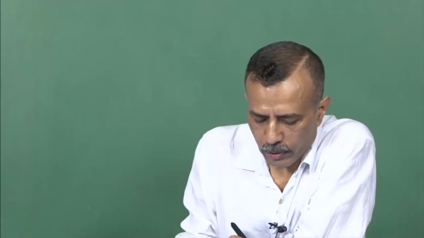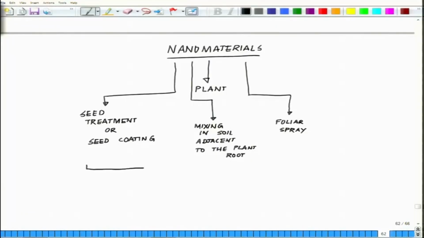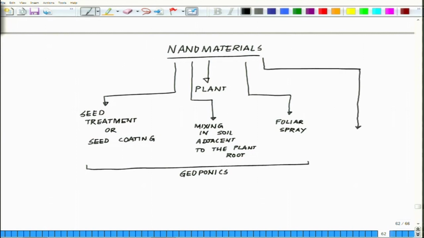As long as we are talking about these, these are the geoponic sources, the geoponic mode where we are growing the plants in the soil, and if we follow the hydroponic modes, when we are growing the plants in water or salt solutions, then we are mixing the nanomaterial in the hydroponic solution itself.